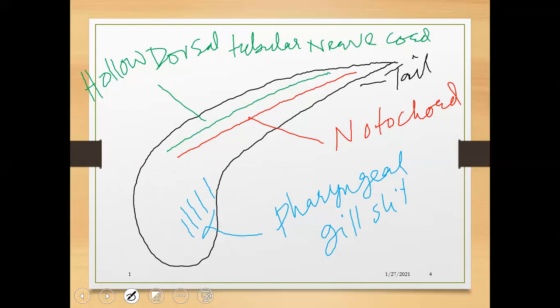You can see here these are the four basic characters of chordates.